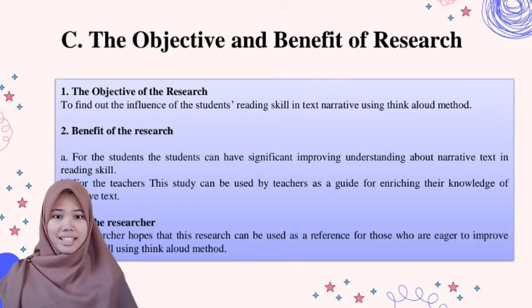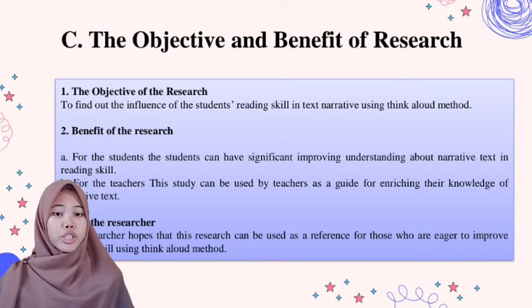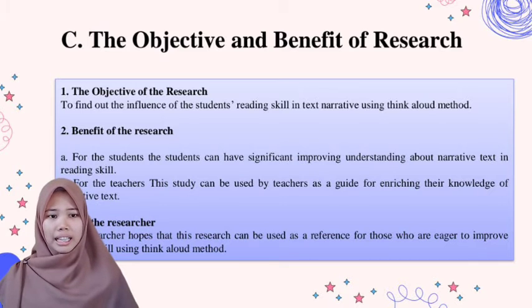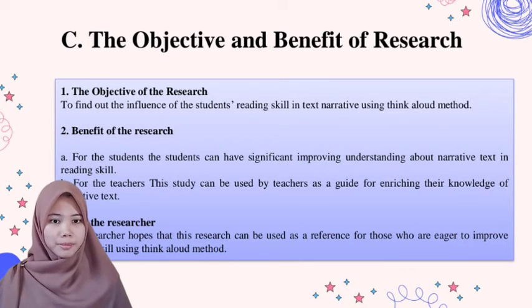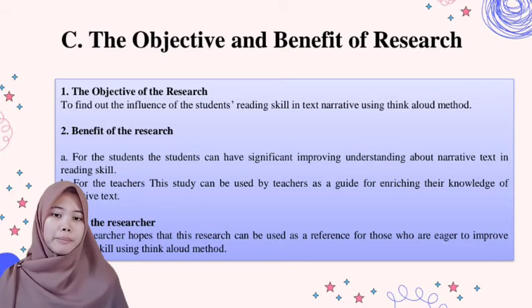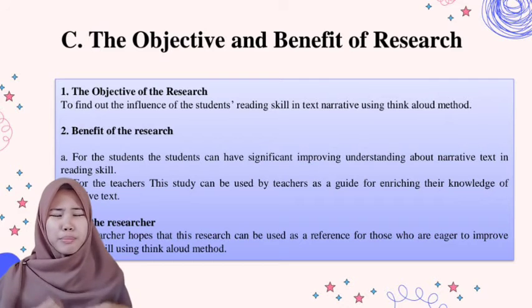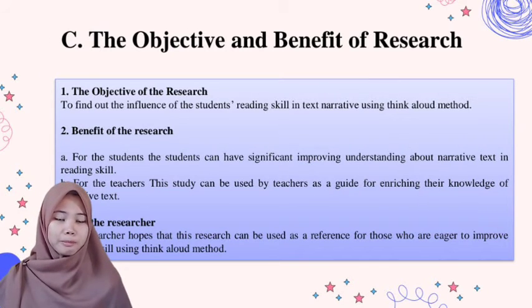Well, the next is the objective and benefits of research. The objective of the research: to find out the influence of Think Aloud method on student reading skill in narrative text. Second, the benefits of the research. A. For the students, they can have significant improvement in understanding narrative text in reading skill.